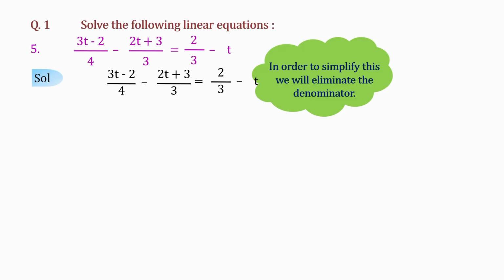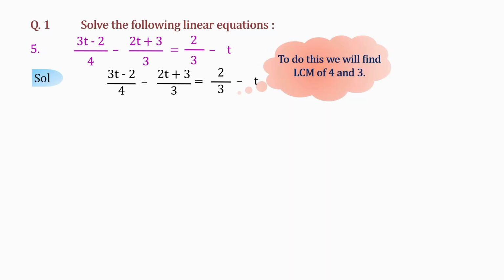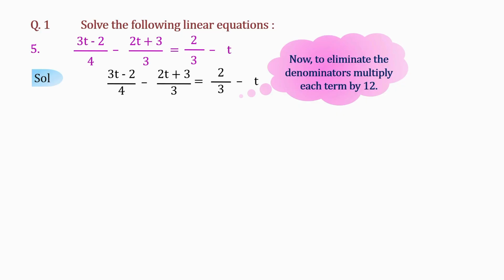So in order to simplify this, first we are going to eliminate the denominator. To do this, we will find the LCM of 4 and 3, so that is 12. So now we are going to multiply 4 with 3 in both numerator and denominator.